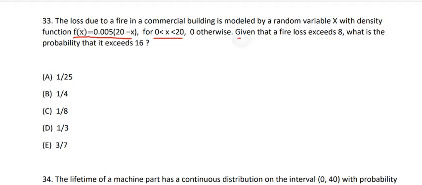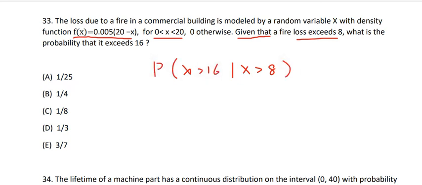Given that this loss, where x means loss, exceeds 8, what is the probability? So we have this condition, x larger than 8. Under this condition, we want to find the probability of larger than 16.